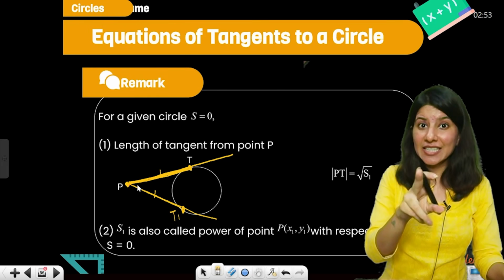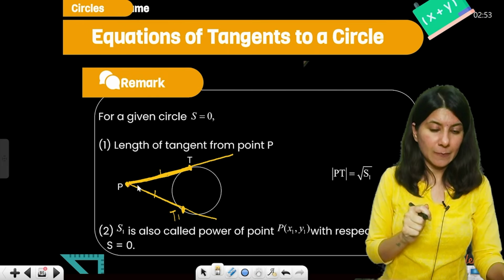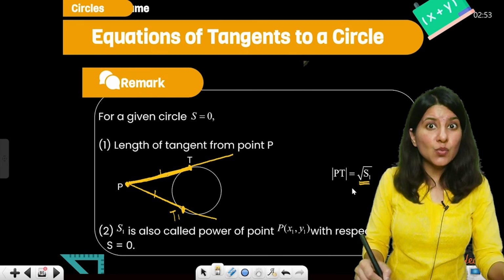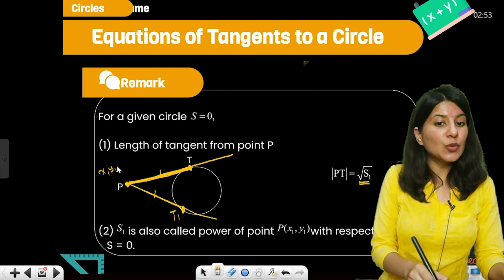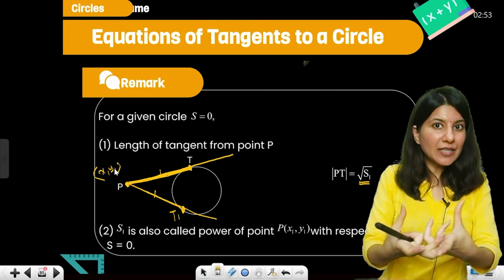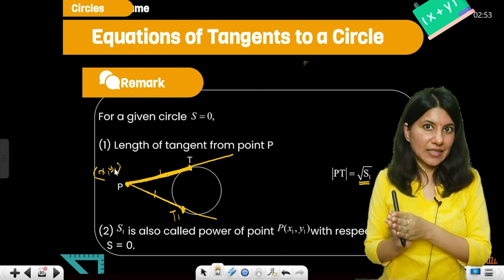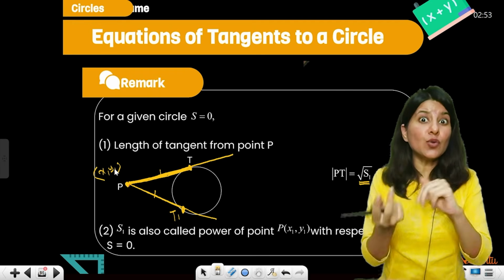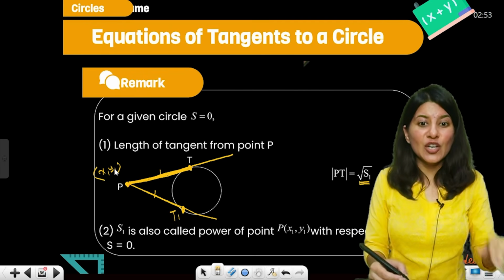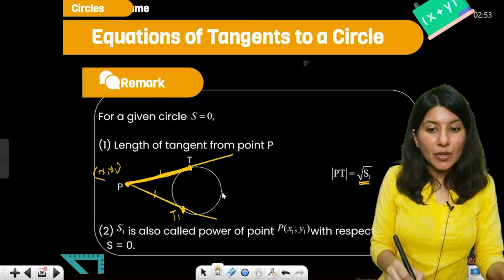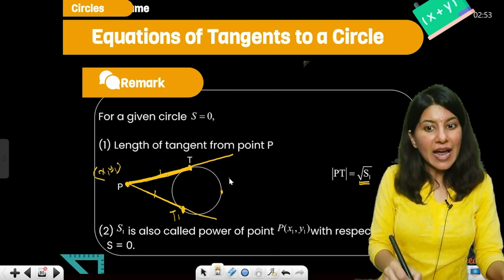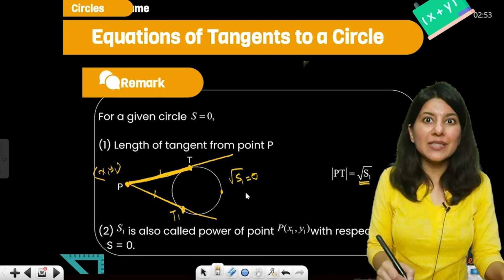This PT is nothing but the length of the tangent portion. Otherwise this line is infinite, but P is that external point and T is the point of tangency. PT and PT1 both have equal length. We have already studied this theorem in class 10th. And the length is given by square root of S1. S1 is nothing but you put that point into the circle and you get it. So if you take the square root of that quantity, you will get the length of tangent. Suppose the point is lying on the circle, then clearly the length of tangent is 0 and square root of S1 will also be 0.